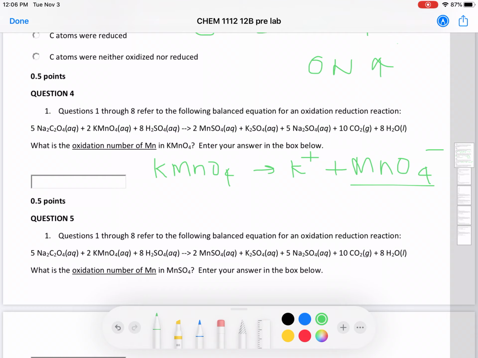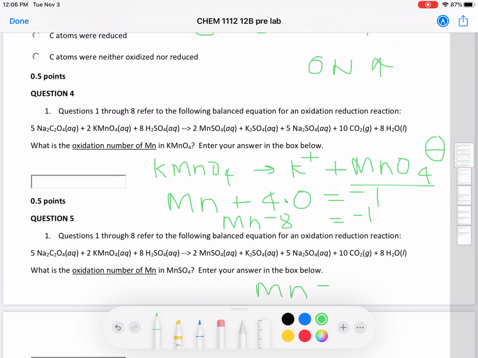So we can use the same way that we used before. Now it has a charge. When you add the oxidation number for manganese plus the oxidation number for the 4 oxygens, it should equal the charge of the ion, which is -1. And we know oxygen is -2. -2 times 4 is -8. Manganese plus -8 equals -1.